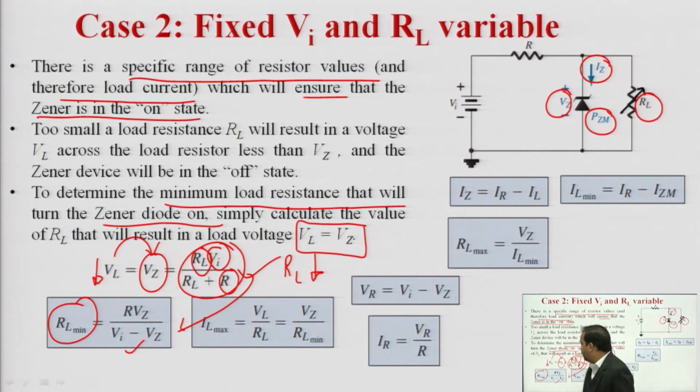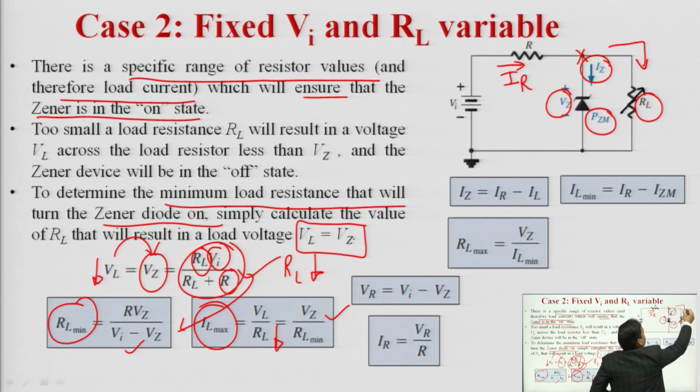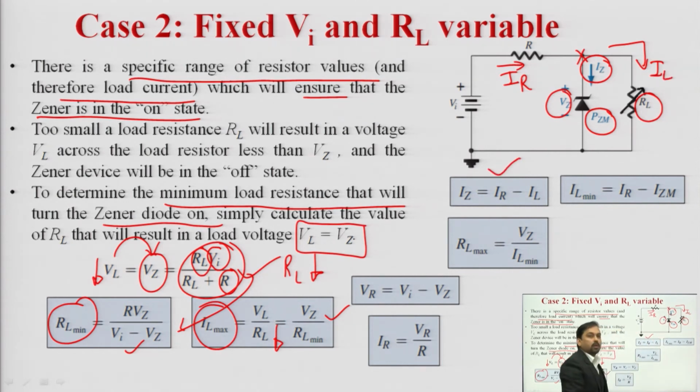So, if the resistance is minimum, naturally the load current IL will be maximum. Also, if we apply KCL at this particular node, where this is IR, this is IZ and this is IL, we can write the equation IZ equals IR minus IL.